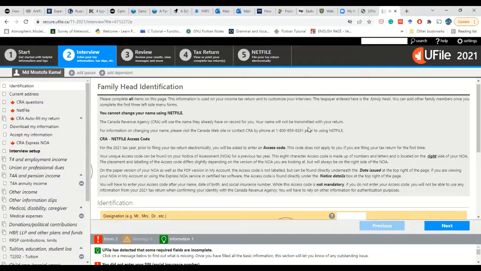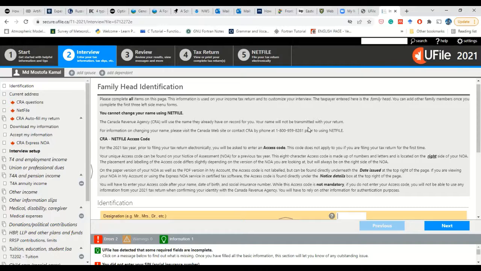That means if you are a student, then you will be the principal applicant. And if your wife is the student, then she will be the principal applicant, and you will be the dependent. Because the tax software only gives you the option to submit free of cost when you provide information about your tuition fees.